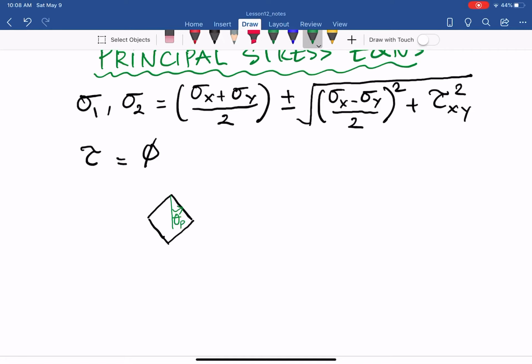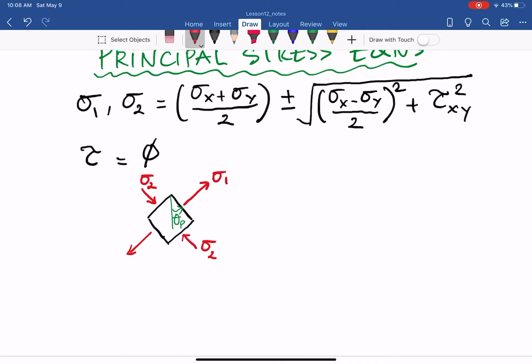For the principal stress at theta p, that will be the first principal stress sigma 1, and of course the opposite face will be the same. In this case I assume it is in tension. Let's assume sigma 2 in this case is in compression, and no tau.